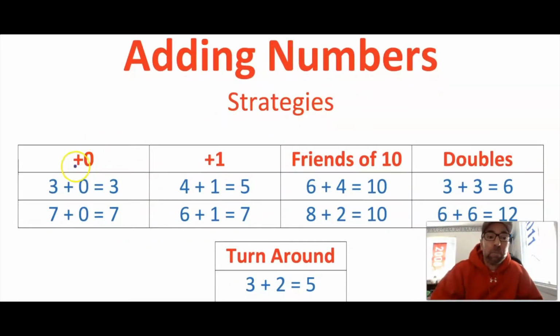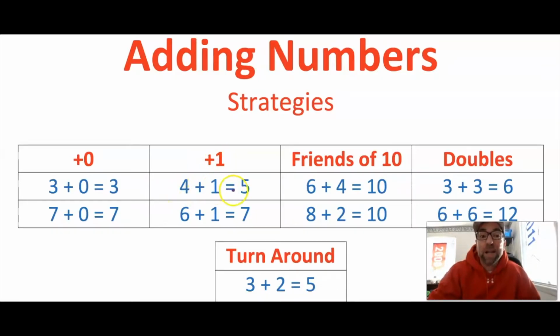We learned the plus 0. Whenever we add 0, it's always the other number. 3 plus 0 equals 3. It stays the same. 7 plus 0 equals 7. We added nothing.